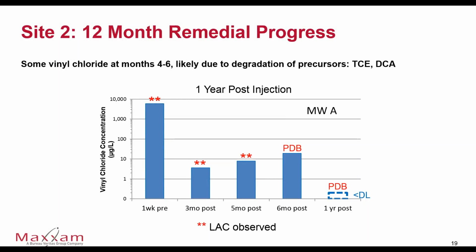So again, we know that the passive diffusion bags are giving similar results to low flow, just those lower detection limits. You might ask, why is there still vinyl chloride on this site? We figured what was happening here is it's being generated due to degradation of the precursors TCE and DCA. However, 1 year post, we were getting not detected in the passive diffusion bag, and it was success at that point.